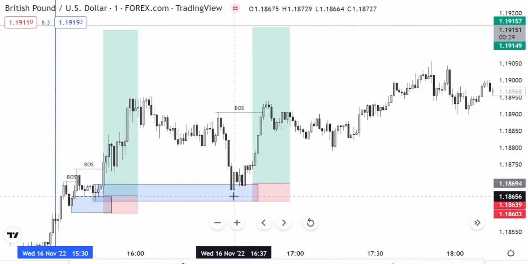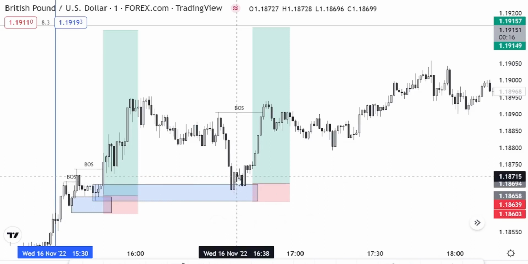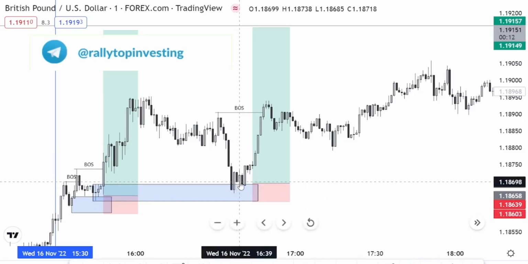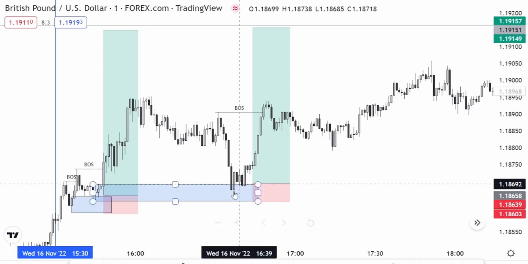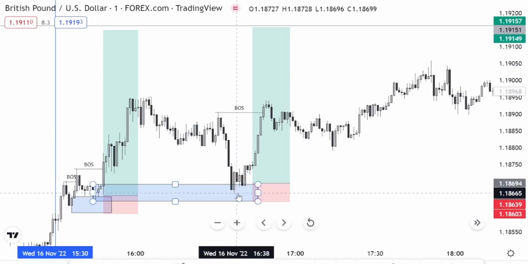Now take a look at this three candle formation: candle number 1, candle number 2, candle number 3. The middle candle has printed the lowest low. The candle to the right of the middle candle did not close above its high. Candle number 4 did not close above candle number 3, candle number 5 did not close above candle number 4, but candle number 6 closed above candle number 5, cementing this low as a valid low.